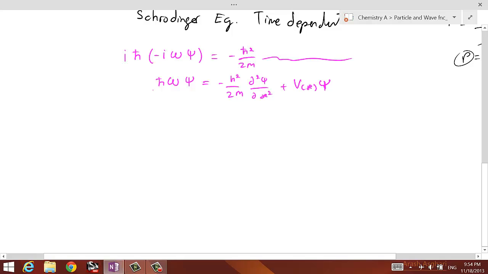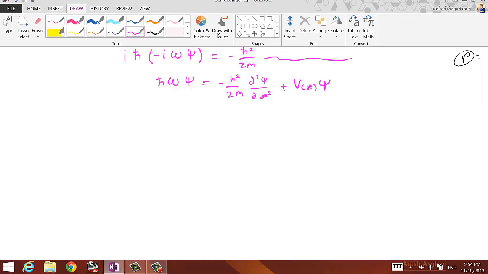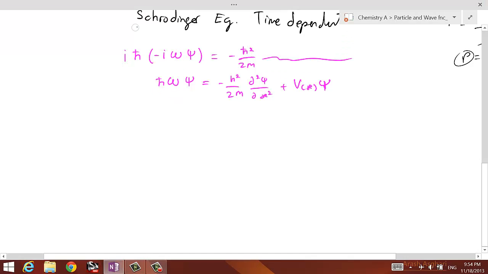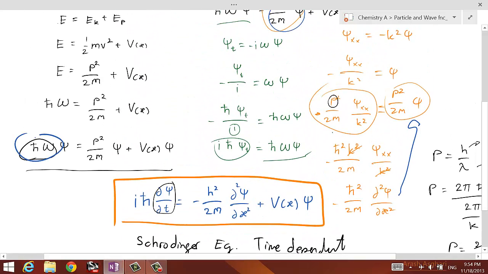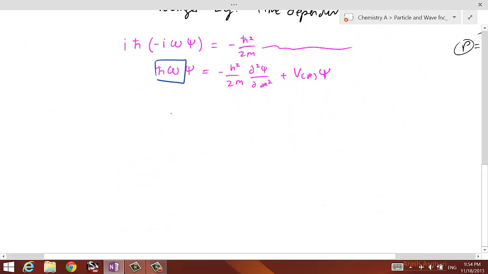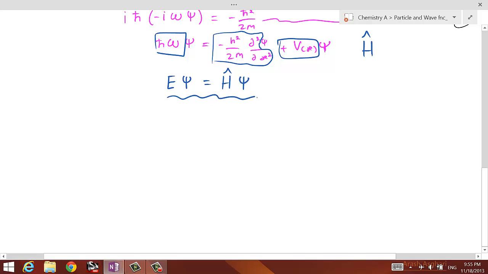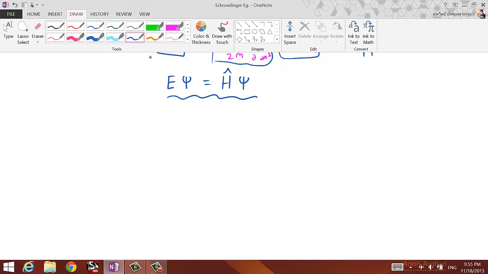Now I'll change this back to E. So this is E, as I said from here. So this is E of my wave function equal to this thing, and this thing we call the Hamiltonian operator. So it's equal to the Hamiltonian operator, and this is the shortest form of a time independent Schrodinger equation.